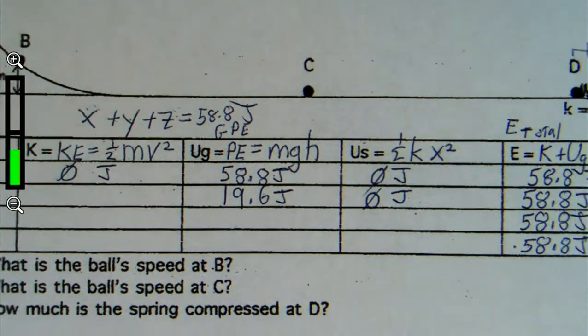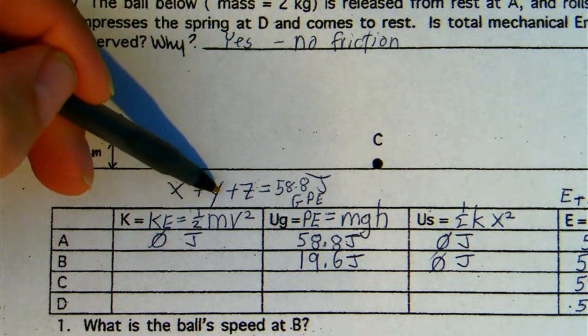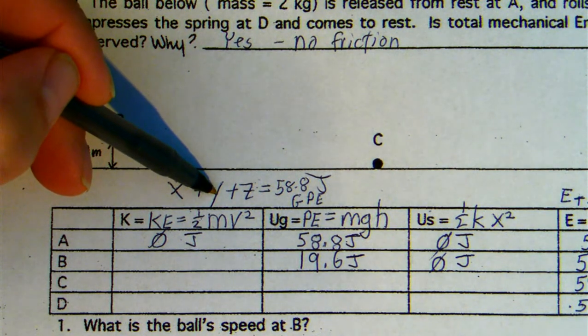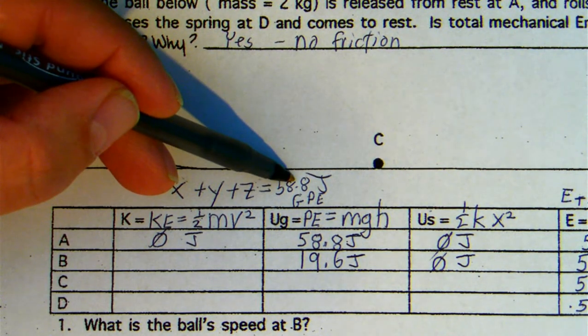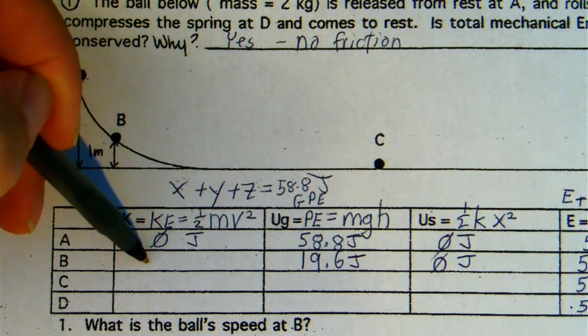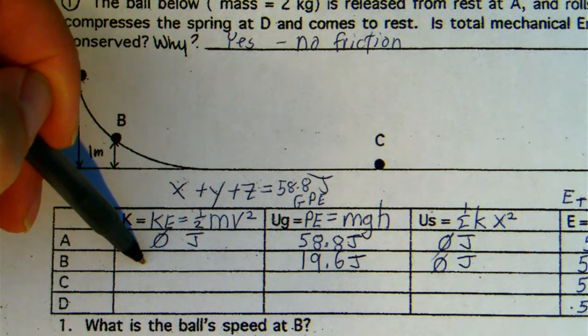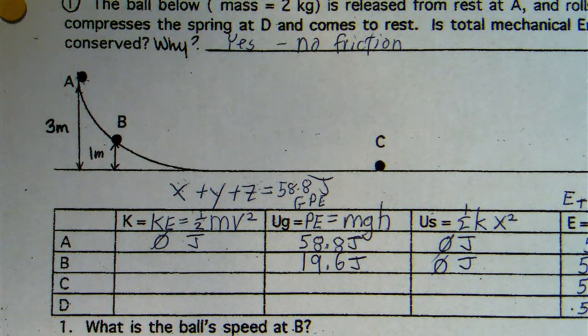All right, children. At this point, you should realize that we have the value for UG, the value for US, the value for the total, and by subtraction, you should be able to figure out the value of the kinetic energy at point B. Dylan, what do you get? Aw, child.